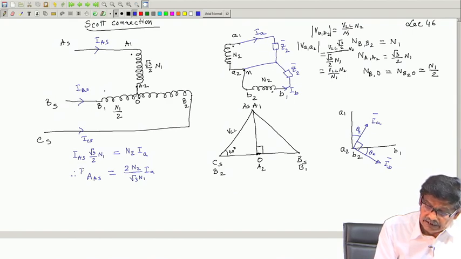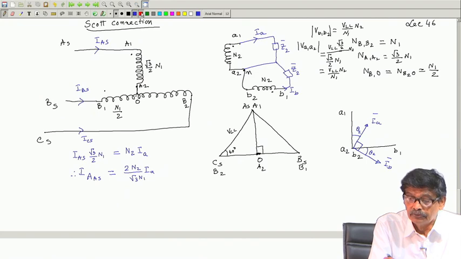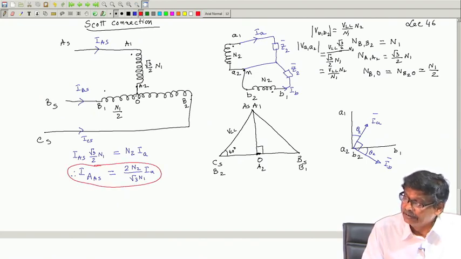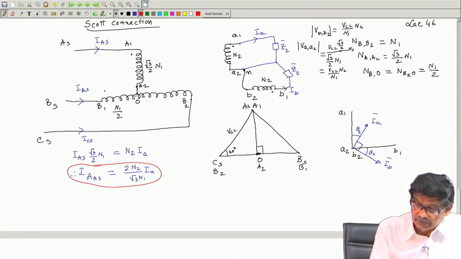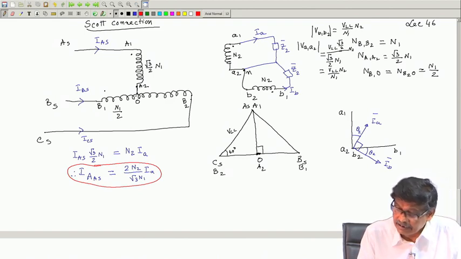This is equal to IAS. So, how to draw IAS? This is IA. Your IAS will be in the same phase with IA, because this is only a scaling factor.